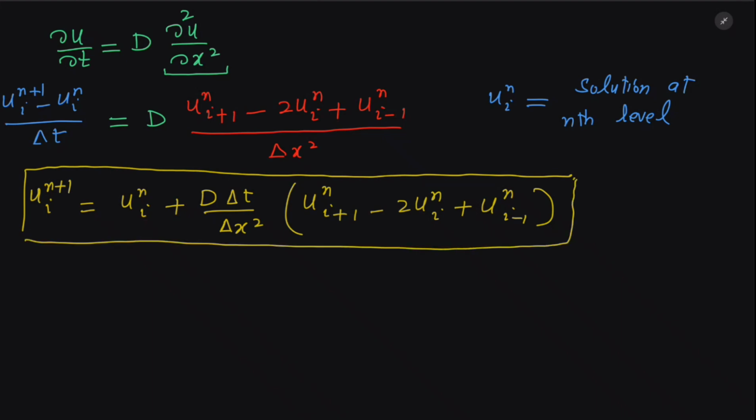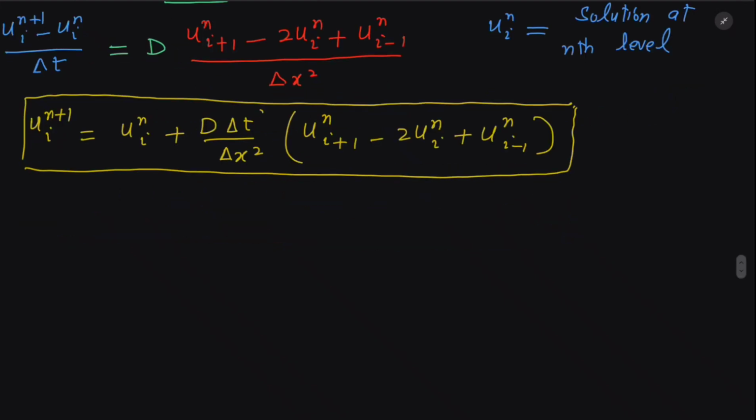As I said earlier, we are not going to solve this problem. I'm just going to give you a different perspective of the finite difference method and the finite volume method. This parameter is actually called R, which is the von Neumann number, D delta t by delta x square.